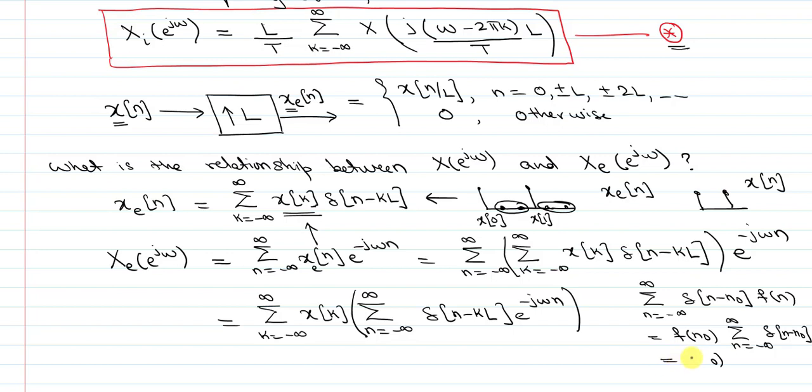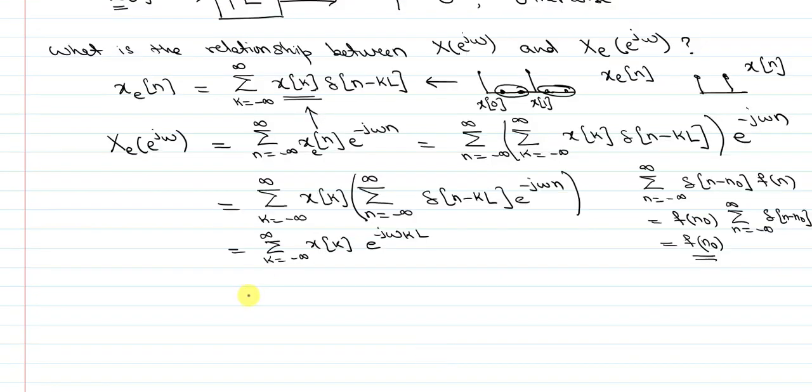So I am going to use this relationship to solve this. The first summation comes up as it is, x of k. Now for the second summation, I will get f of n naught, just this expression. So I'll get e to the minus j omega, and n naught in this case is kL.